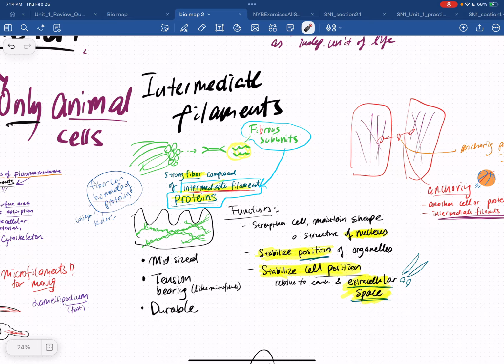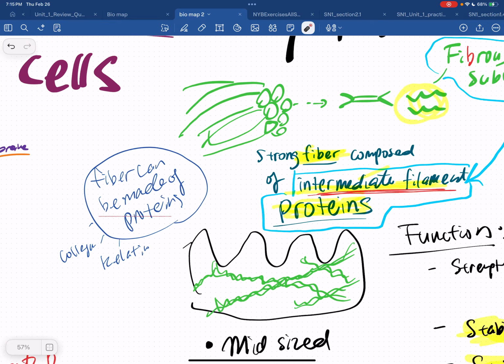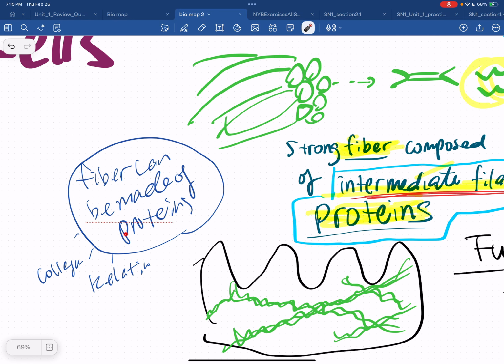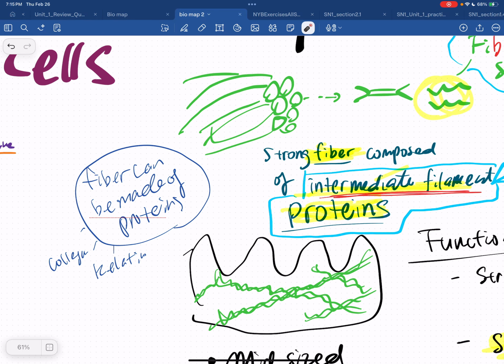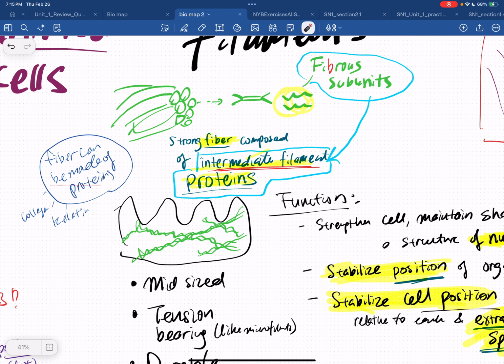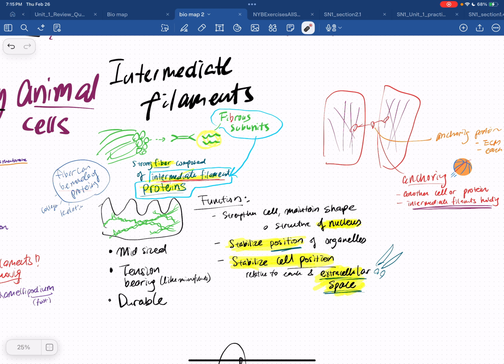These are fibrous subunits that make up these intermediate filaments. Fibers are made out of proteins. Some fibers, such as collagen and keratin, are made out of proteins. Anyway, they are mid-sized, so they're sized between the microtubules and microfilaments.